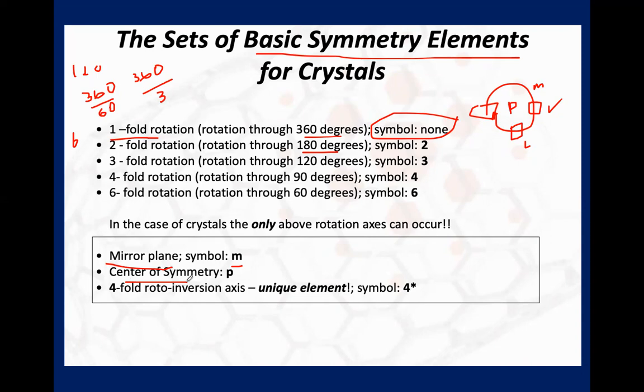Okay, and if you want to show how many times you can observe the same object over a 360-degree rotation, and then inversion, which we call roto-inversion: for example, if it is fourfold, you will see 4 star, right? That indicates a fourfold rotation and then inversion. So that element is called 4 star. If it is 6 star, it means six-fold rotation and then inversion.